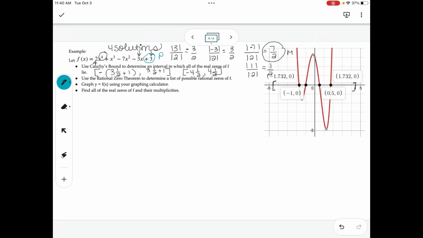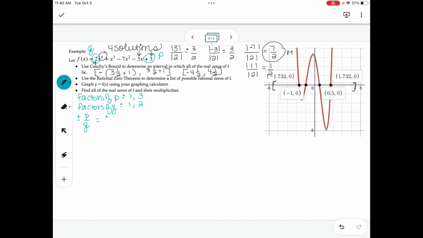So +3 is our P, +2 is our Q. We need all factors of P, and all the factors of 3 are 1 and 3, which is not too bad, and then factors of Q. So 1 and 2, and all positive and negative versions of P over Q.